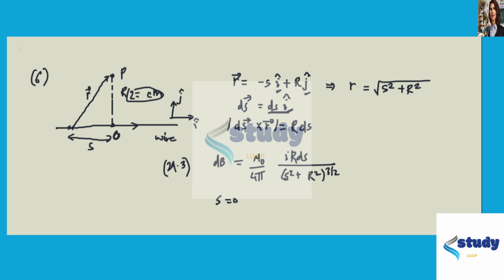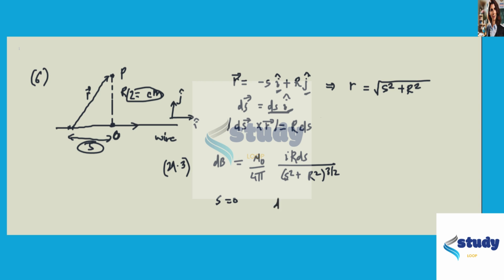Which basically means that this length s should be 0. So the magnetic field is maximized at point P when the current that is producing the magnetic field is directly below that point.